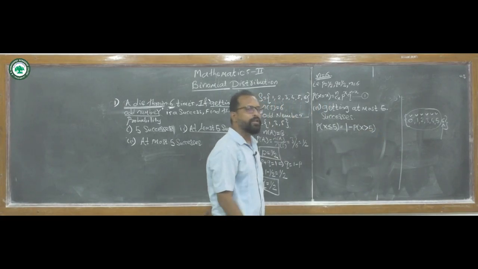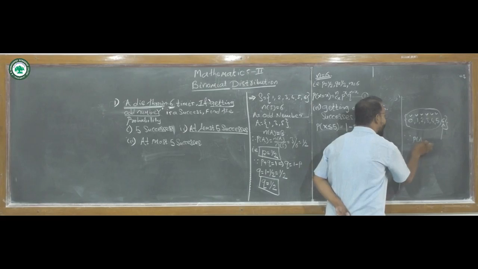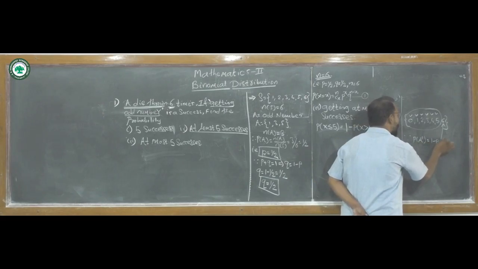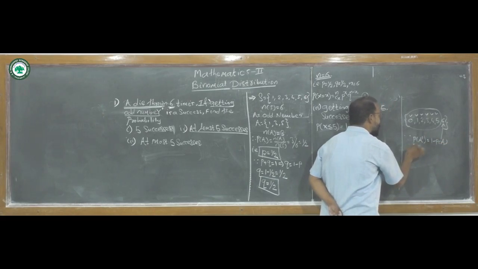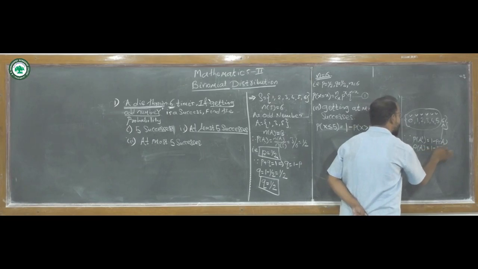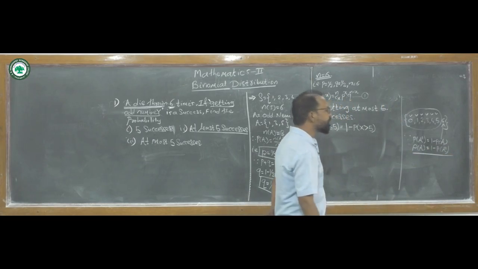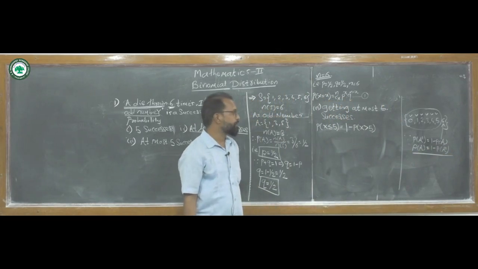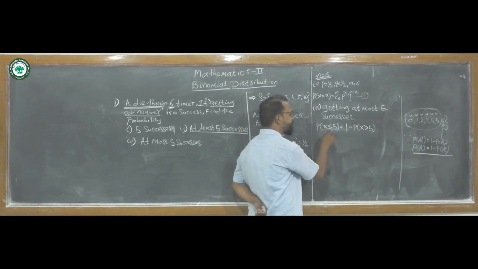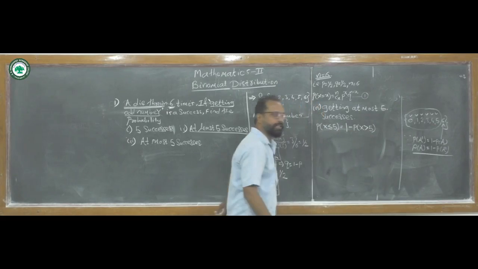Since we know that the probability of A complement equals 1 minus the probability of A, or we can write the probability of A equals 1 minus the probability of A complement. Here 1 is the probability of the sample space. By using this formula, we can write the probability of x less than or equal to 5 equals 1 minus the probability of x greater than 5.